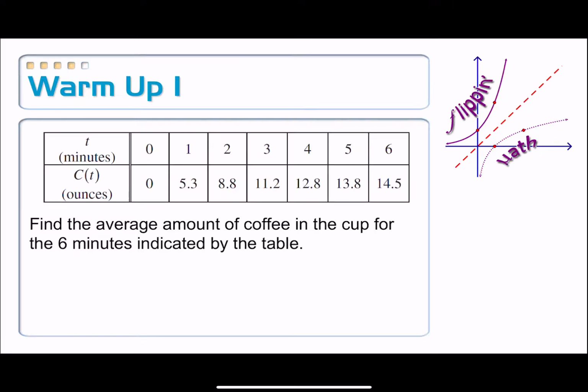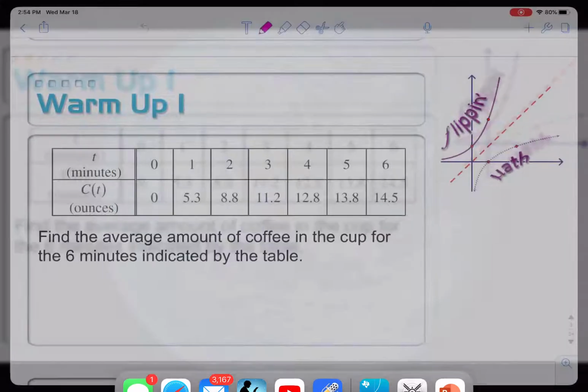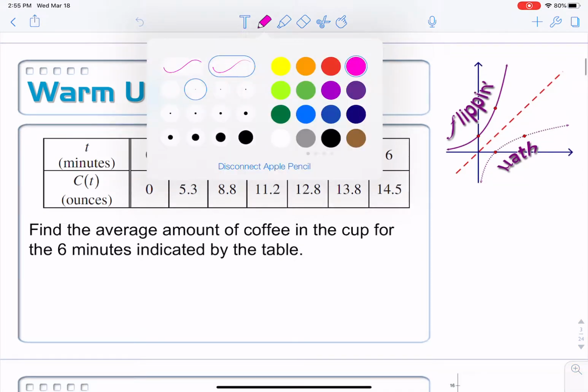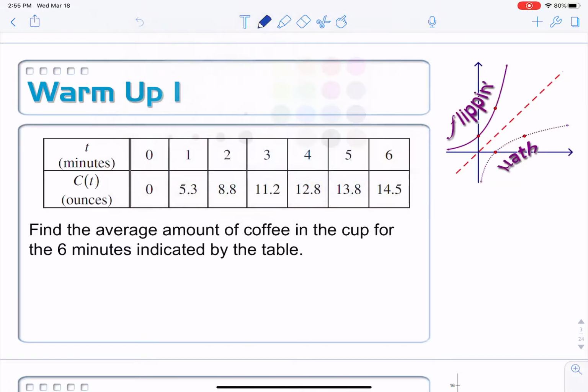Well, we know that if I'm going to find an average value of something, I'm going to add up however many values I have and divide by, in this case, 6. So let's take a look at this. I'm not going to include the 0 here, and you'll see why in the next part of this lesson.